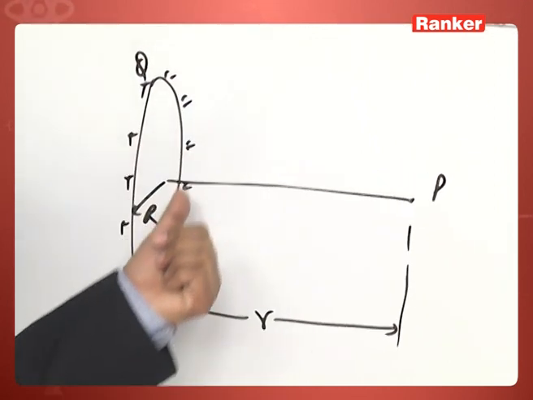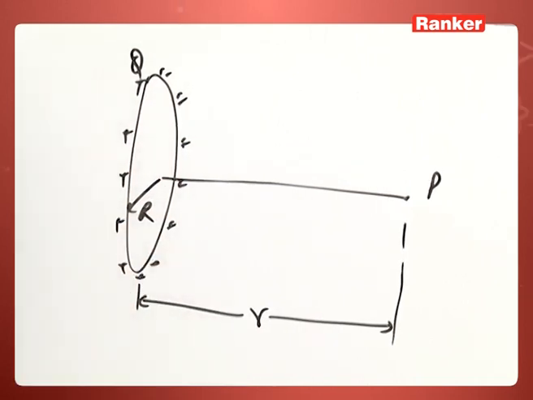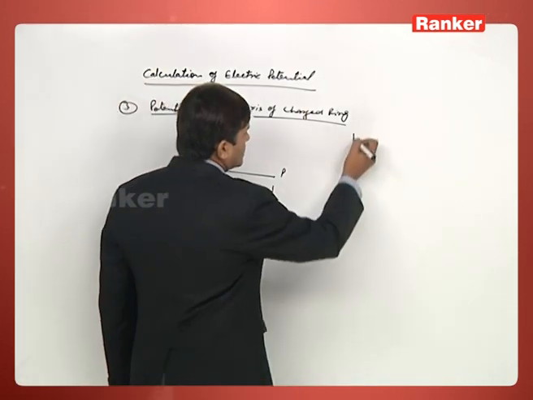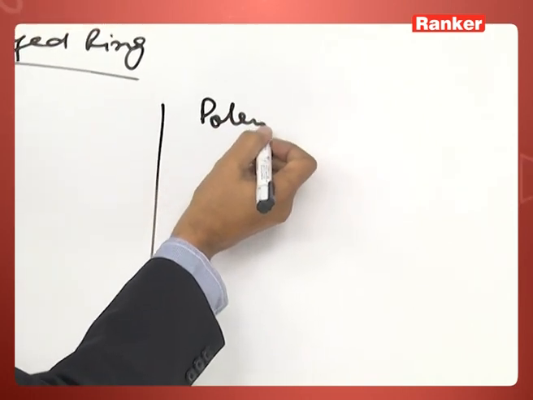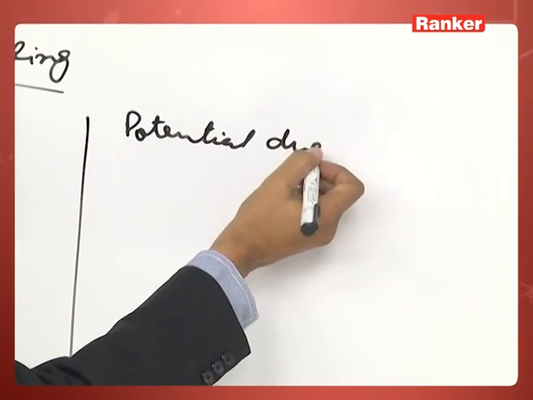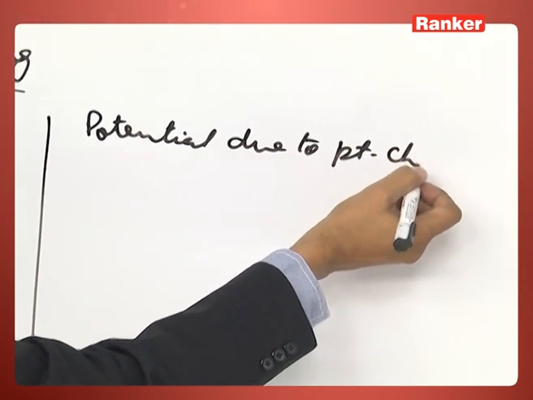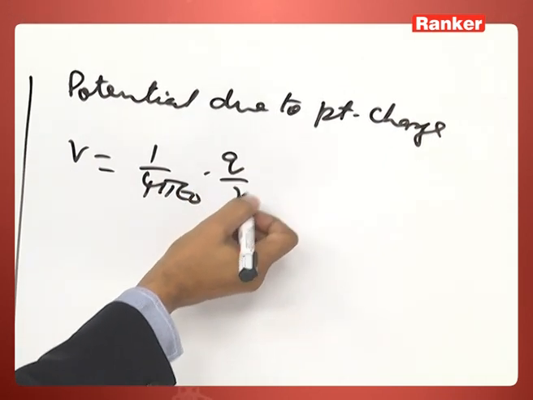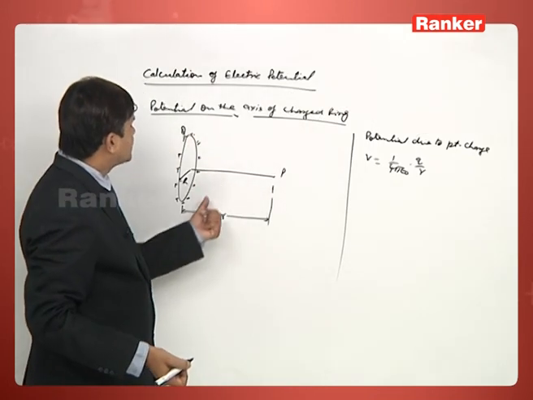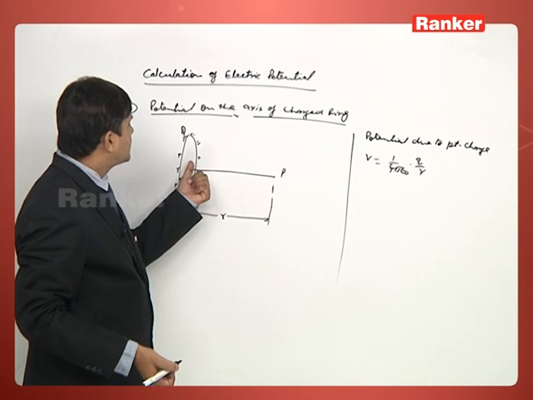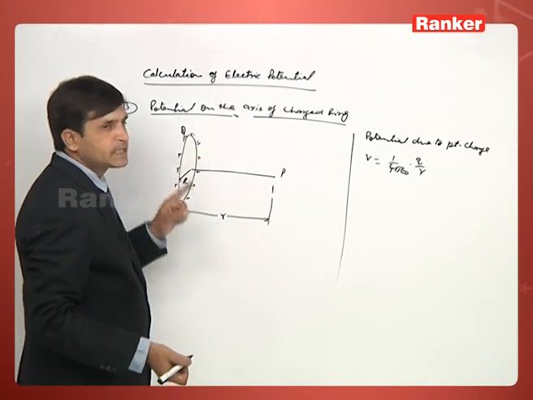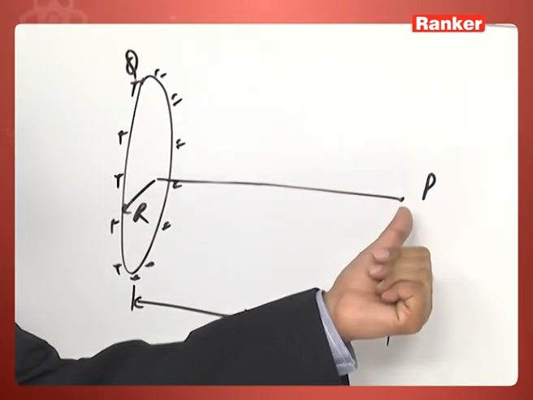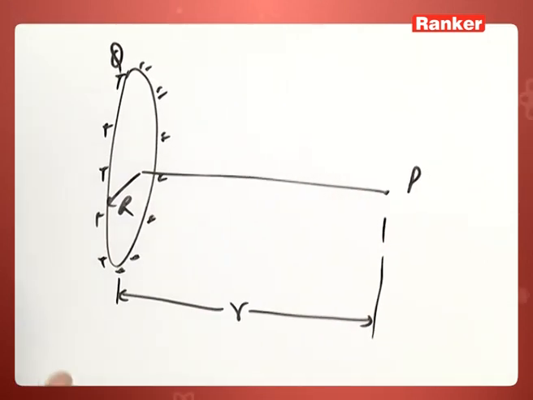So, here this is our charge distributed body, and as we have already calculated the potential due to a point charge, as we know, the potential due to a point charge is given as 1 by 4 pi epsilon naught Q by R. Here this ring can be taken as a number of point charges kept on the circumference of the ring, and then we can apply the principle of superposition by simple algebraic superposition, because potential is a scalar quantity.